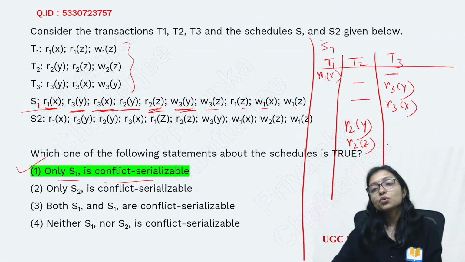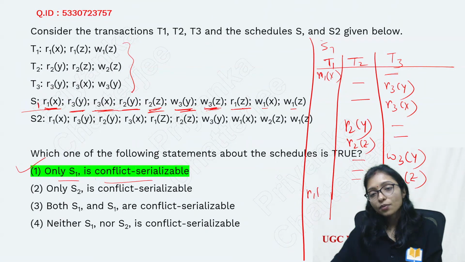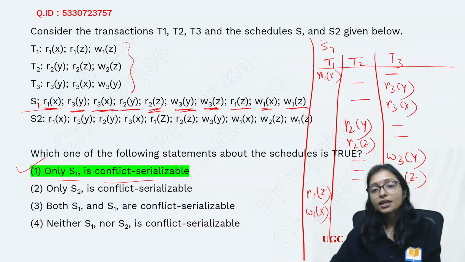Then here W3Y. Leave here blank. Here W3Z. Then R1Z. Leave this blank. Here you are putting R1Z, then W1X, and here W1Z.